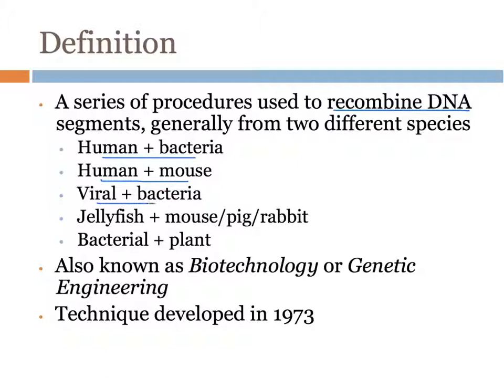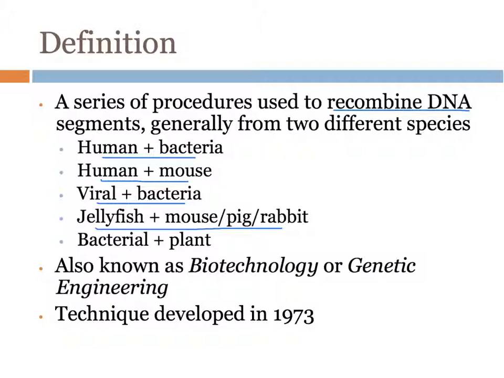Viral DNA, or DNA from viruses, mixed with bacteria is how we produce many of the vaccines that we use to, again, keep us healthy. Jellyfish have contributed a particular gene to a number of laboratory animals. The jellyfish gene allows these animals to show up glowing green under UV light, and it is used mainly as a marker for another gene that's being tested.